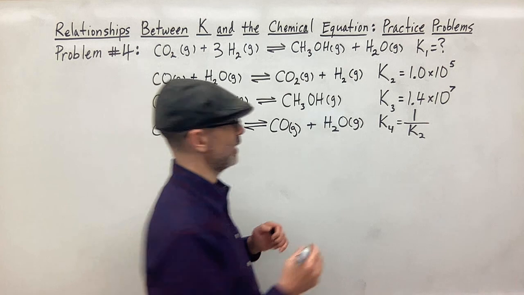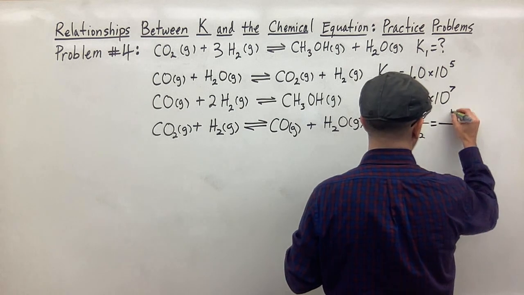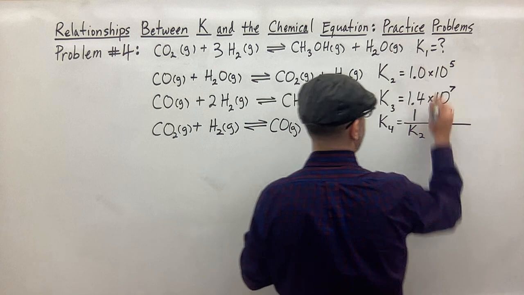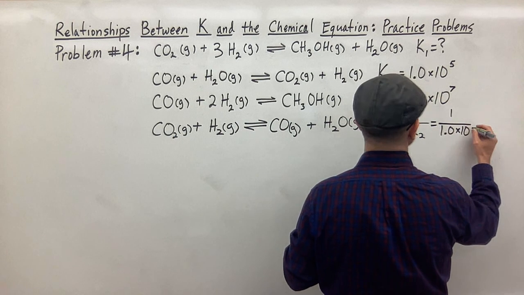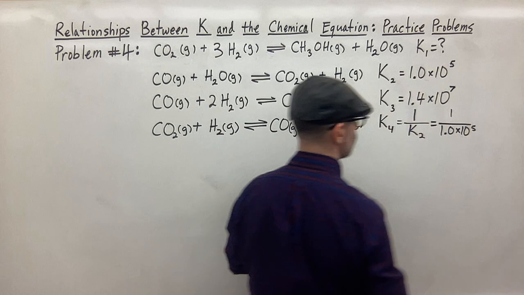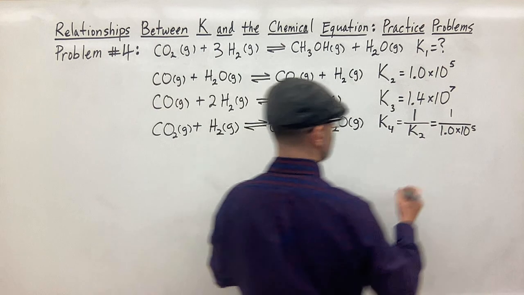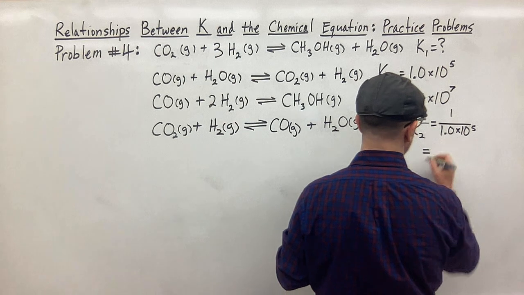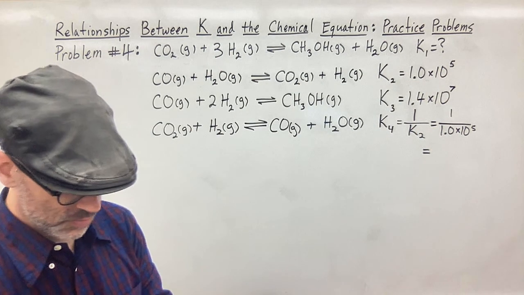That means it's going to be equal to 1 over K2, so 1.0 times 10 to the 5th. And then I can calculate that. Let's calculate that out right now.